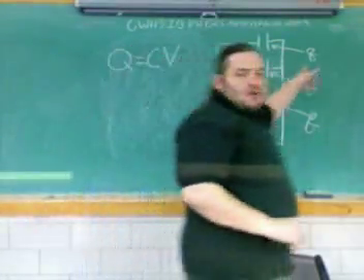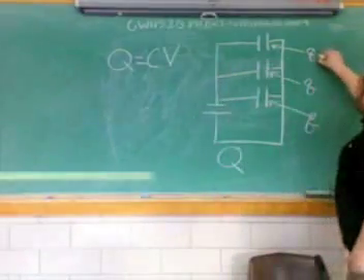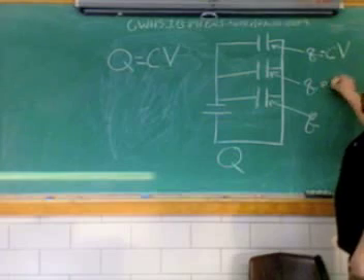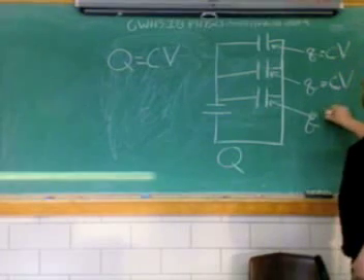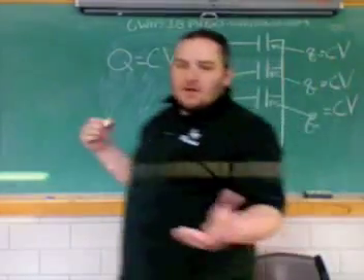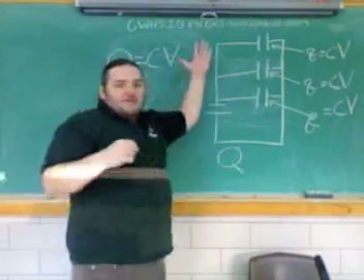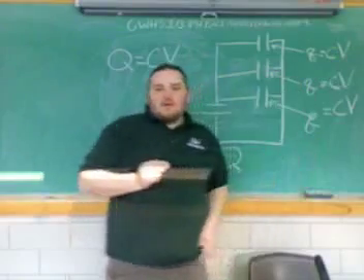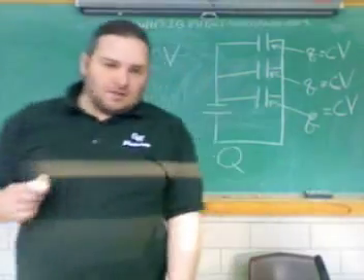So this Q term here is going to be equal to the capacitance times the voltage, the capacitance times the voltage, the capacitance times the voltage. In all three cases, the amount of charge being stored on each one of those capacitors is going to be equal to the capacitance times the voltage.